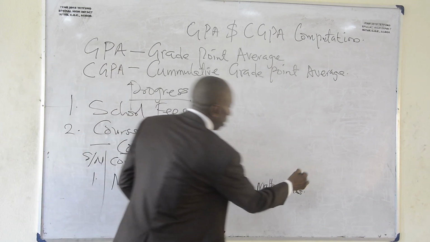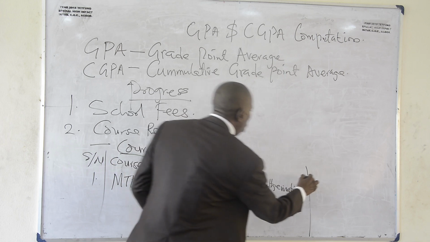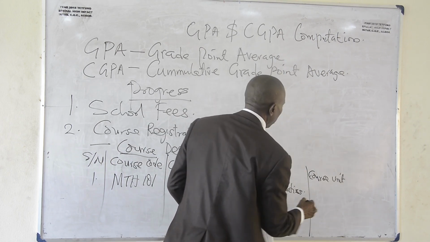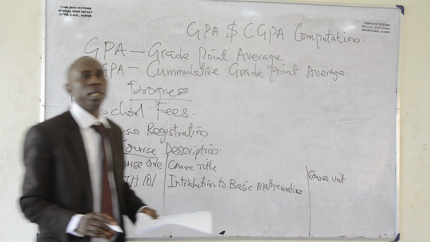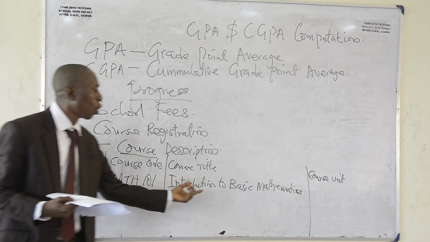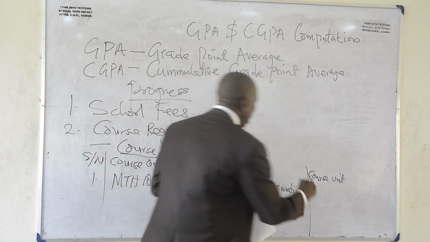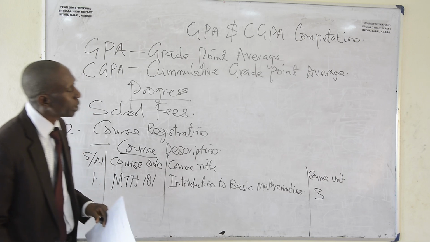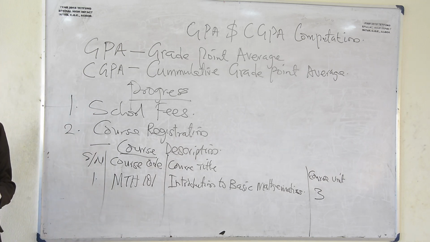And then you have to call course units. The courses are assigned units. It could be 1, it could be 2, it could be 3, it could be 4, it could be 5, it could be 6, based on the course content. For instance, MTH 101 is given 3 units.